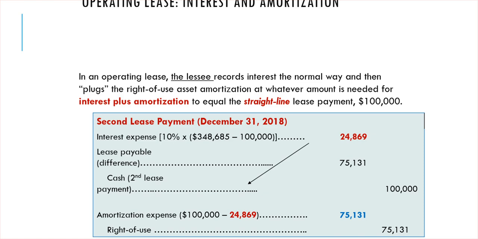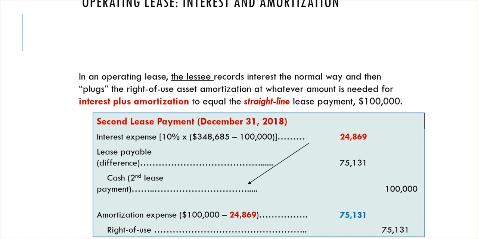So the second one, if this was a financing or a finance lease, in the second journal entry, when we record our amortization expense, we would amortize it using a straight line basis.